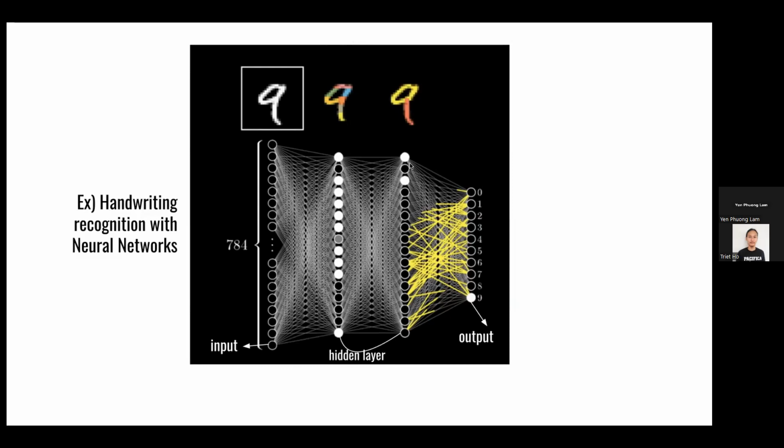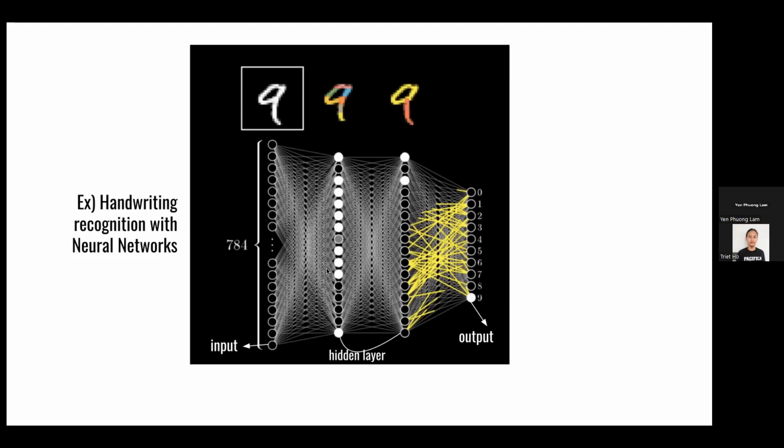Then in the next layers, the network combines the parts into a clearer picture. Each line combines into this circle, and from this the network predicts the input is the number 9.